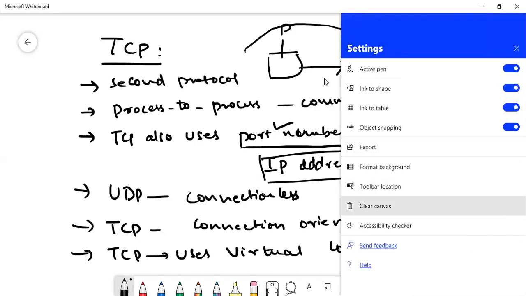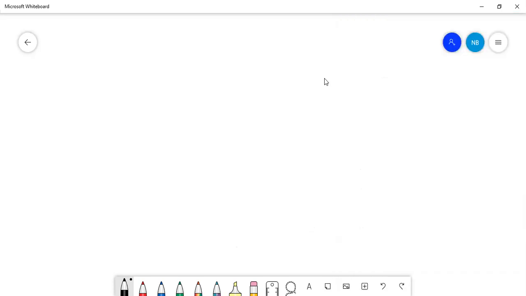Now coming to the next point. We are mostly comparing TCP with UDP.